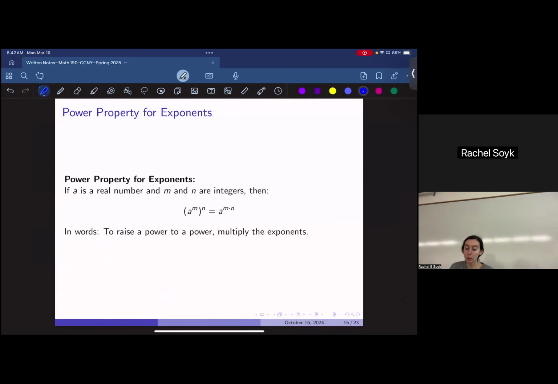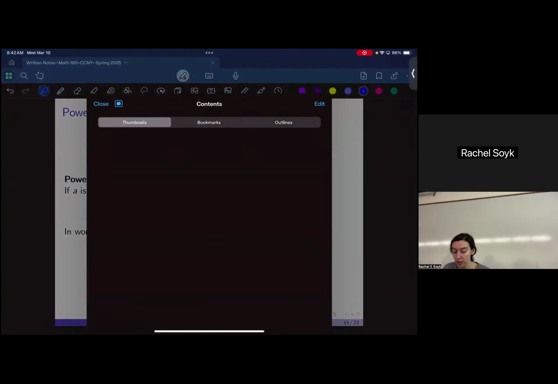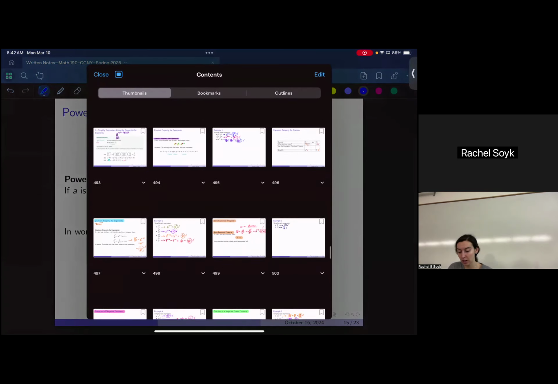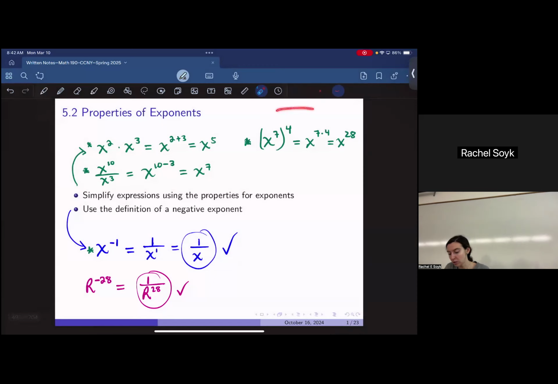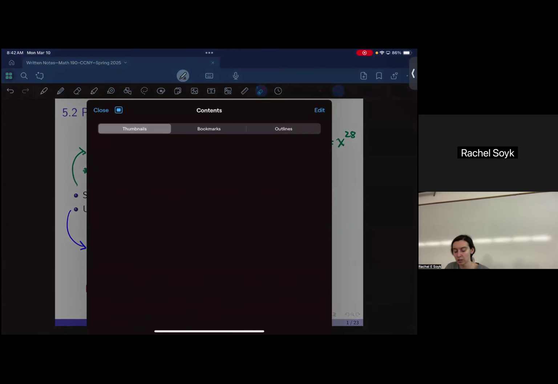Okay. Our power property for exponents, which if we go back to our objective, that was this rule that I stated way back in the beginning. If you're raising a term to an exponent, you're simply multiplying those exponents together.